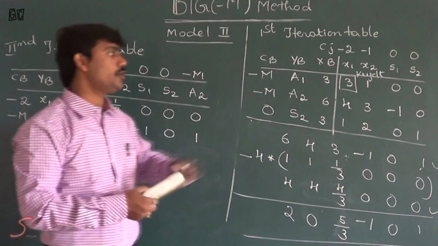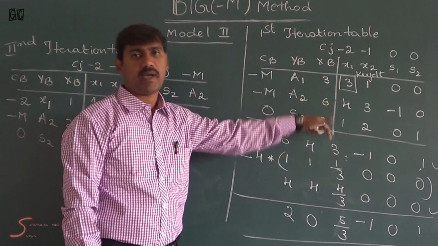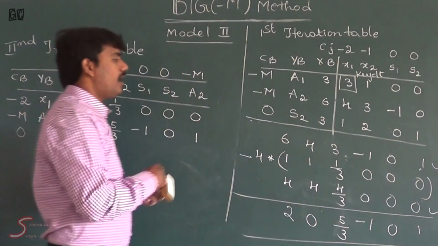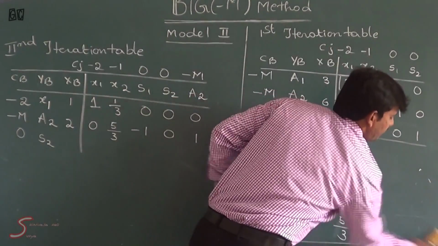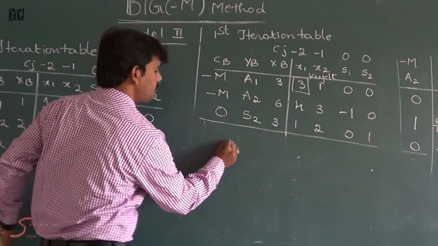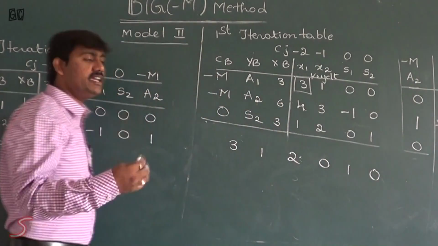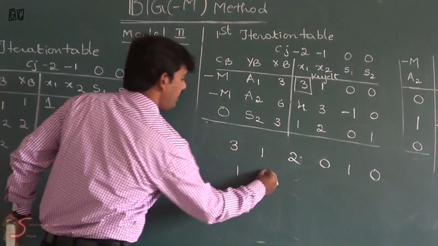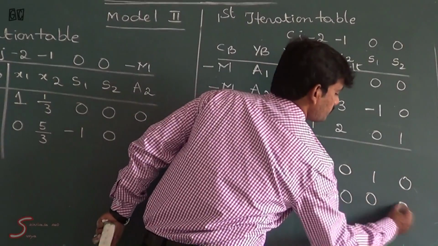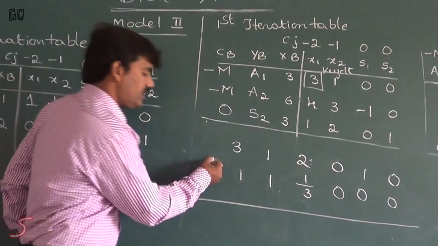Now we made the key element unity and we are going to reduce all elements in the key column to 0. We made 4 as 0. Now we have to make this 1 as 0. So you have to consider the entire row in your rough work. That is, you have to consider this: 3, 1, 2, 0, 1, 0 with the help of the key row. The key row is 1, again 1, we got 1 by 3, and the rest of the values are 0, 0, 0. Likewise we got 1, and obviously no question of multiplying with any number here.